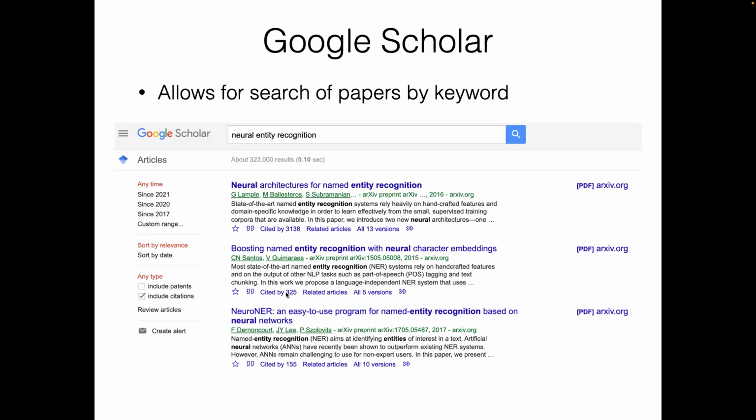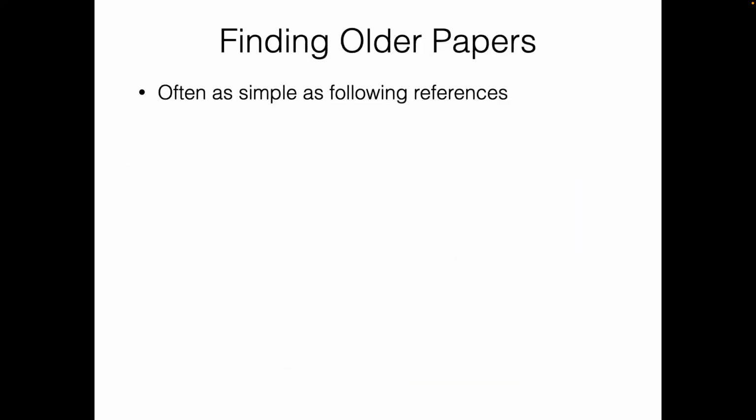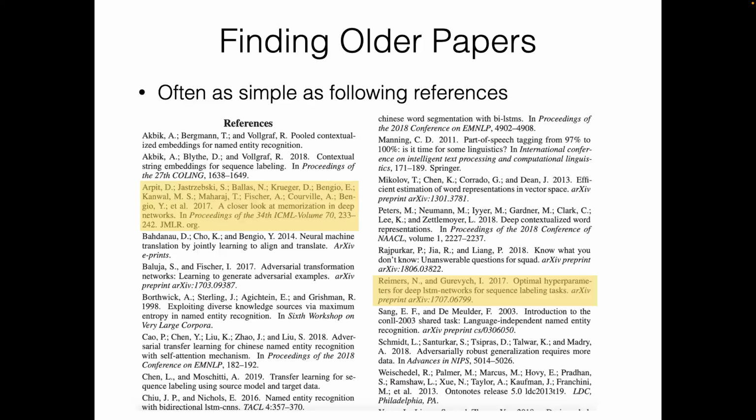So it might be slightly old-fashioned, but it's actually a really useful technique. And then another thing, besides finding a new paper by looking at things that cite it, is to go in the reverse direction to find older papers.